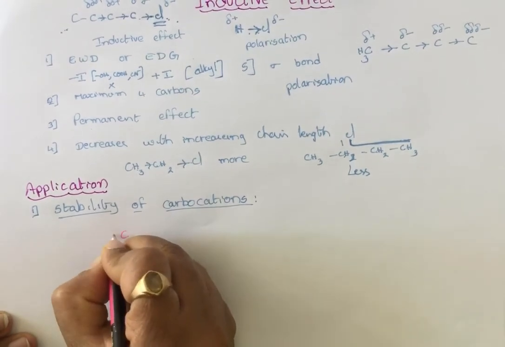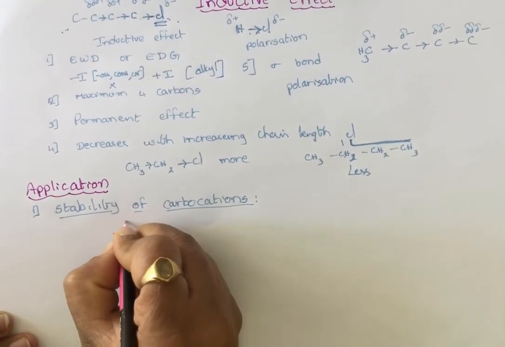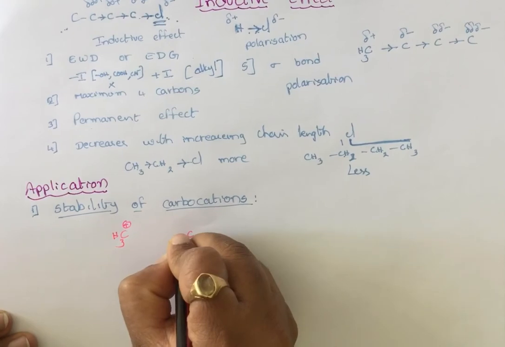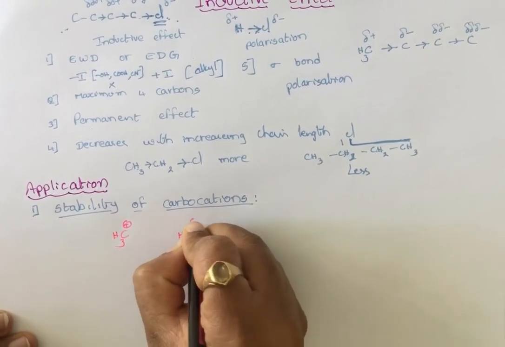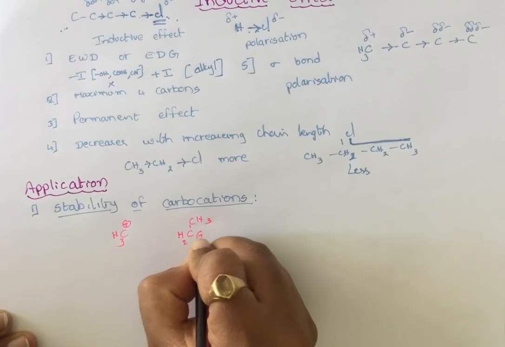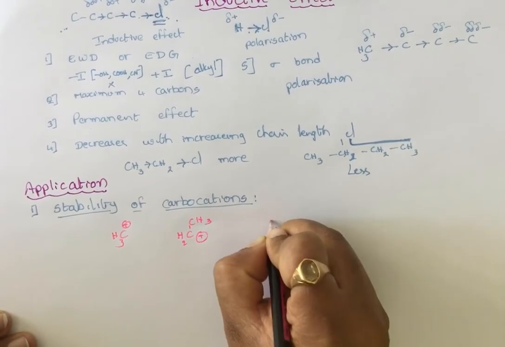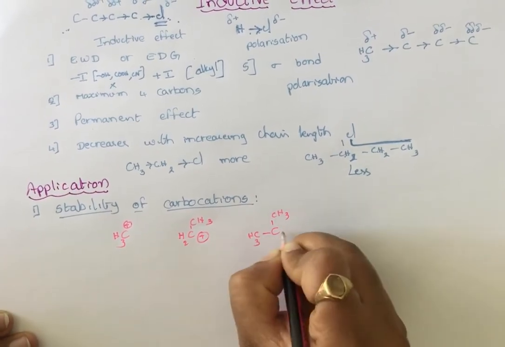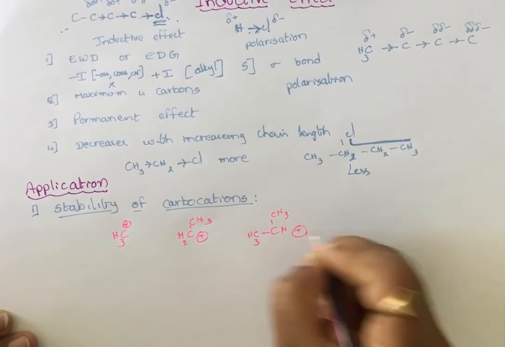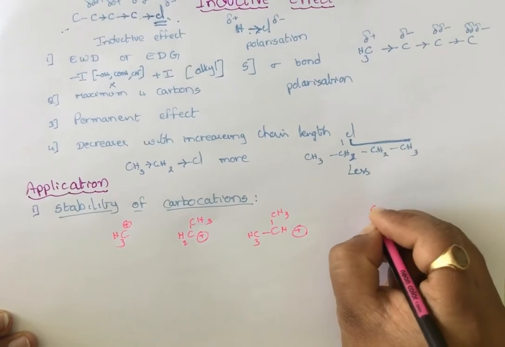So take a carbocation which is attached to groups: primary carbocation, secondary, and tertiary.